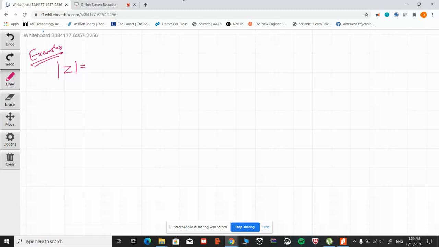And we said if someone said modulus of z is equal to 2 units, this would mean that z is a complex number which is exactly 2 units from the origin. So z could be here if this was 2 units, z could be here, z could be here, in any possible direction. And by now, you should be getting the idea that if this is the starting point, the origin, z could be anywhere on the circumference as long as the radius is 2 and the center is the origin.